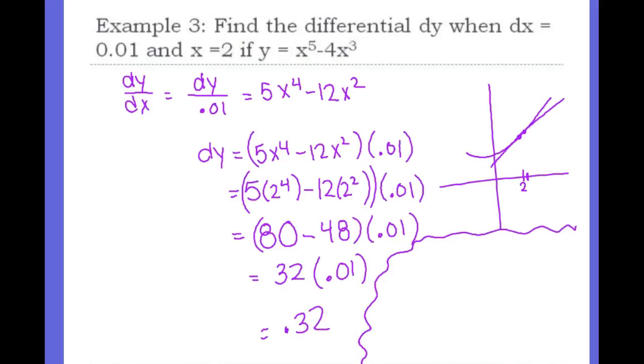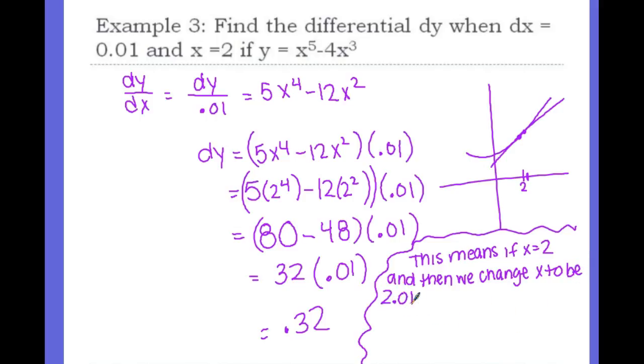It means that if x equals 2 and then it changes to 2.01, because we moved 0.01 units to the right, or we could have moved 0.01 units to the left, but in this case I added it and moved to the right because I kept it positive, then the y value increases by 0.32. So this 0.32 represents the increase in y.